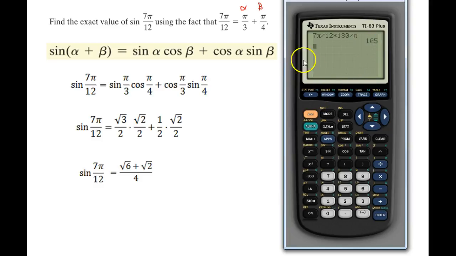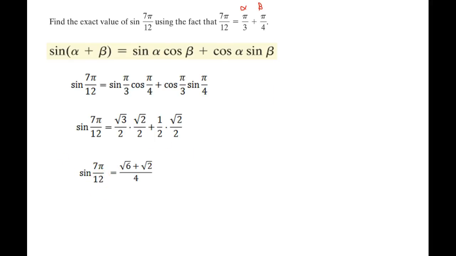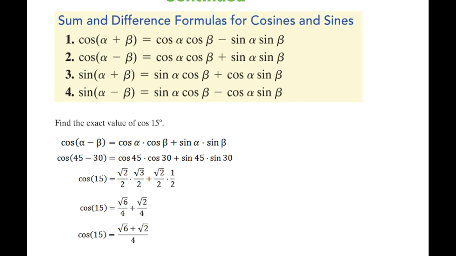Now that's a second quadrant angle, so to get the reference angle, the acute version of this angle back in quadrant 1, we subtract this from 180, so 180 minus 105, which is 75 degrees. And 75 degrees and 15 degrees are complements.